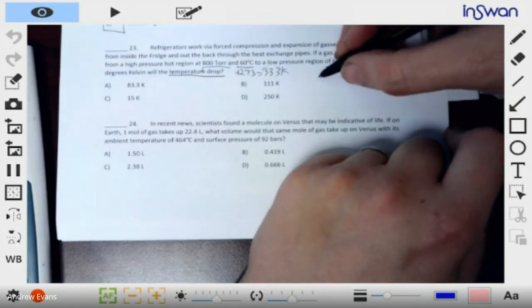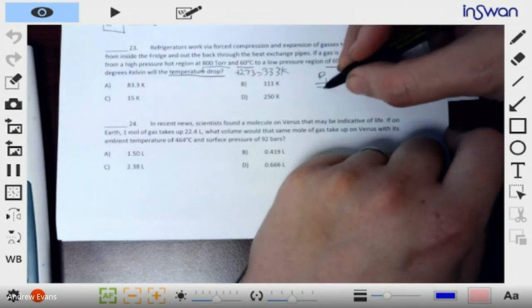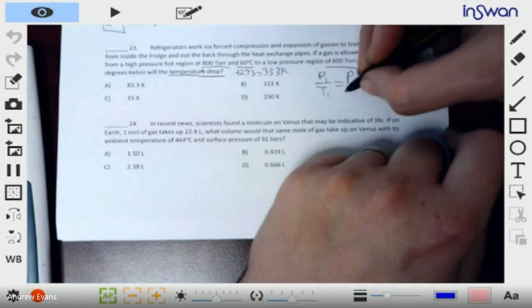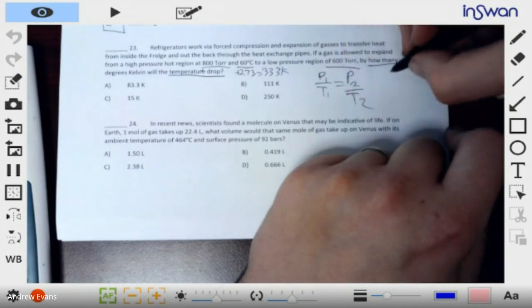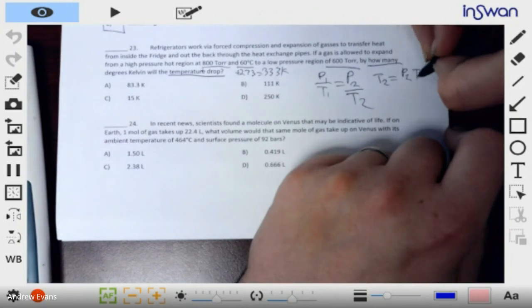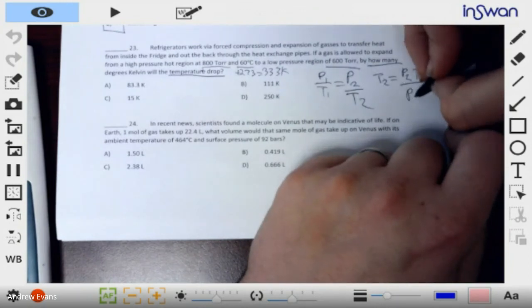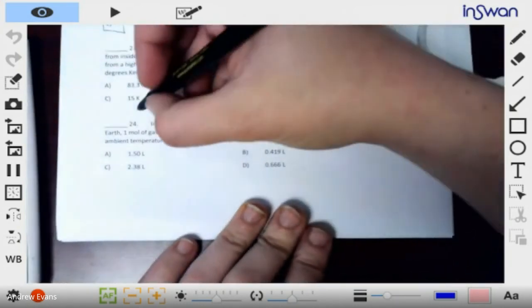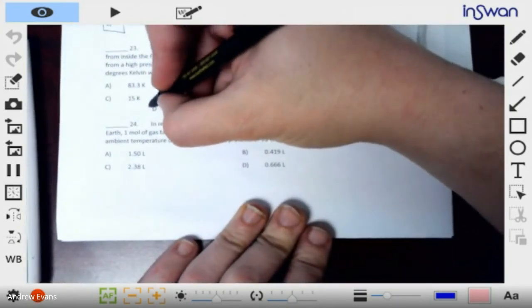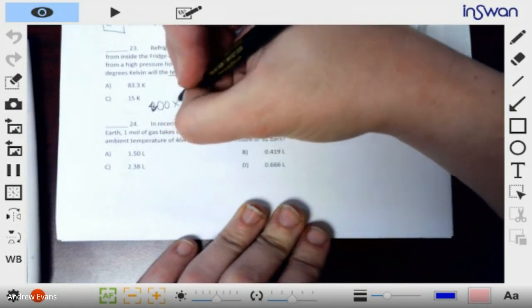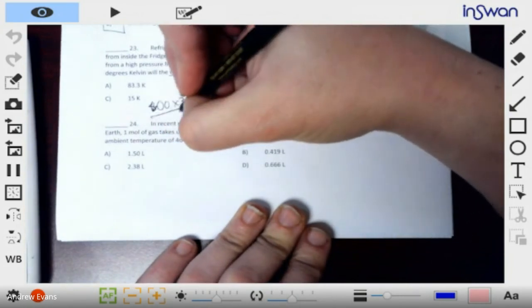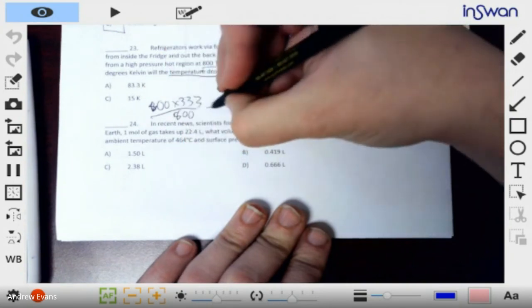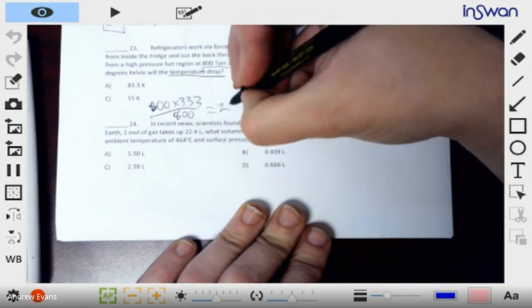So this one's P1 over T1 equals P2 over T2. Rearranging, you get T2 equals P2 T1 over P1. So you have 600 times 333 divided by 800. That would give you something close to 250 Kelvin.